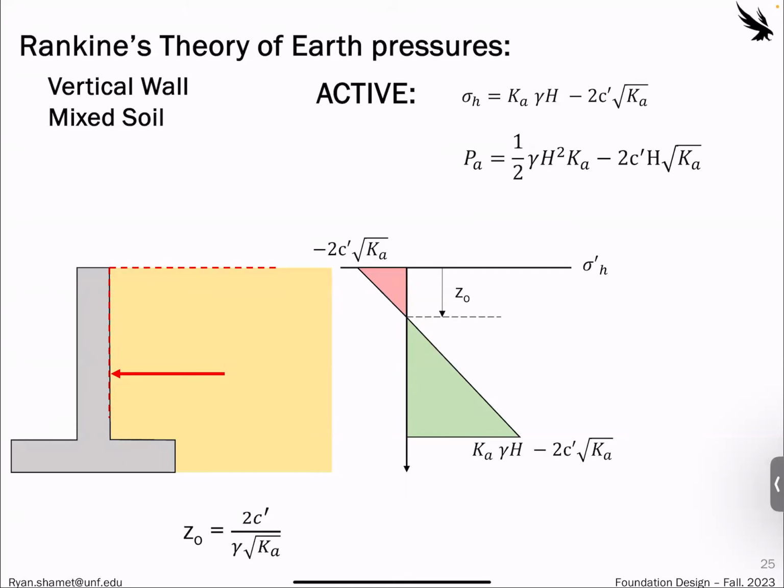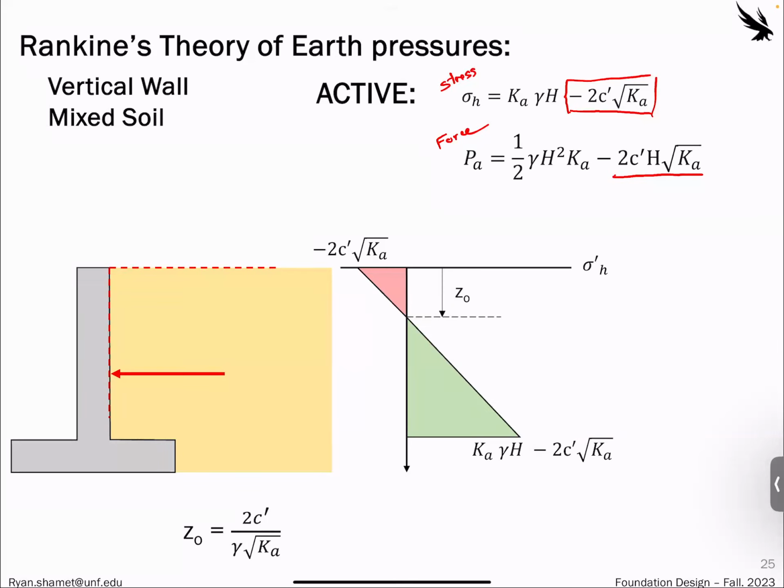So for this, there was an added term here for the cohesion in the active state. In the active state, we add this single term, and this is the stress. When we correspond this to the force, we include it as well. So we have that Ka value twice.